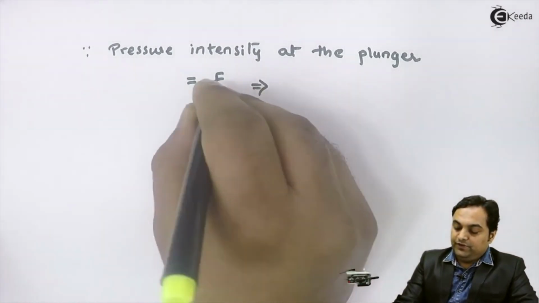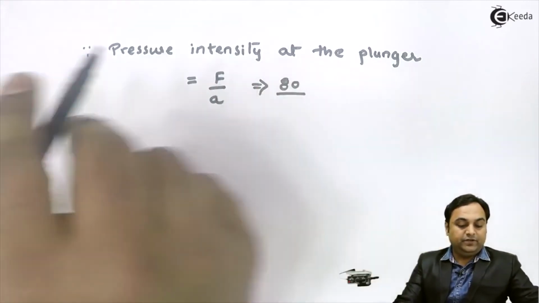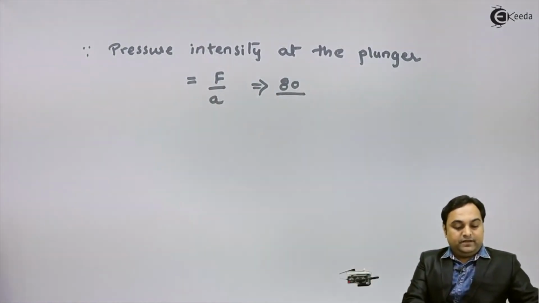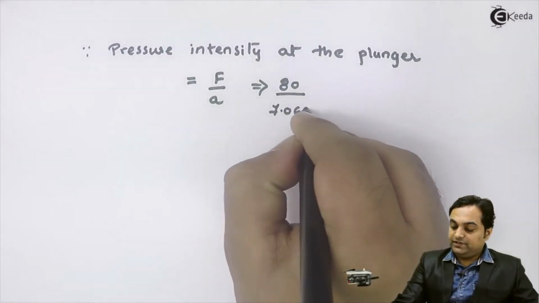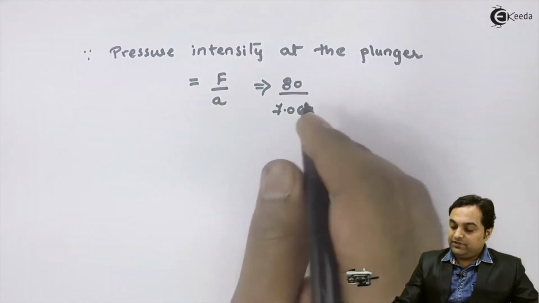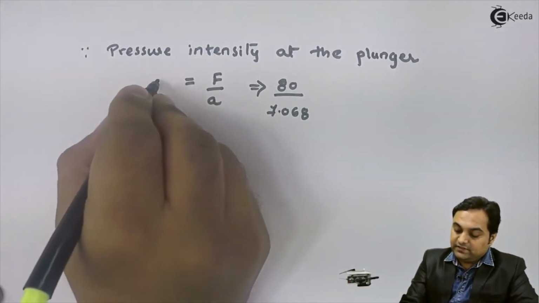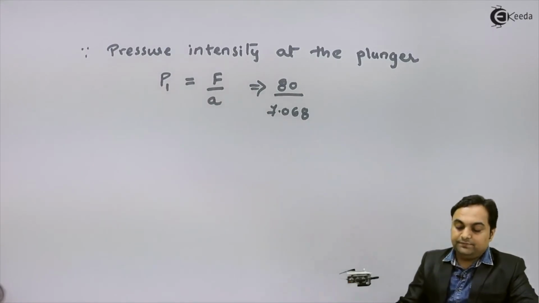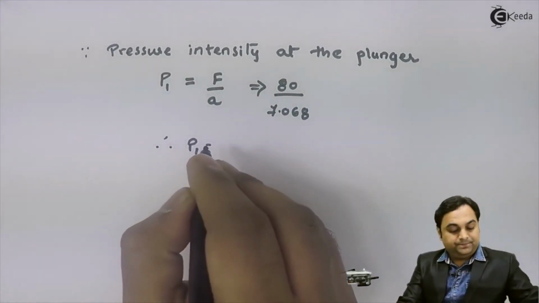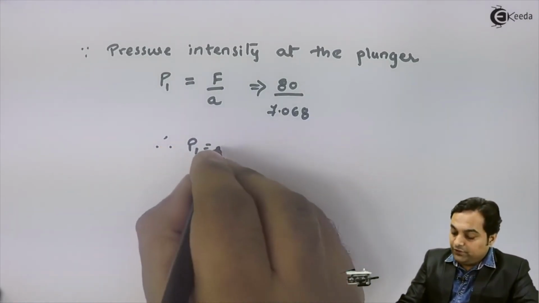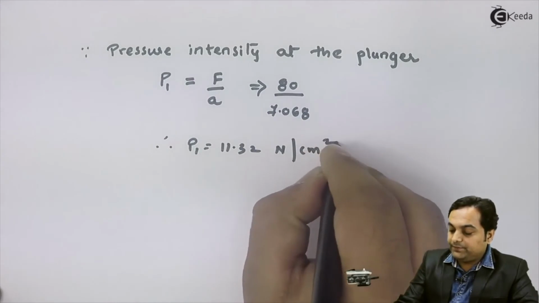So force is given as 80, and the area of the plunger we have already calculated previously, that area is 7.068. So the pressure intensity at the plunger, I'll denote it as P1, and my answer for P1 is 11.32 Newton per centimeter square.